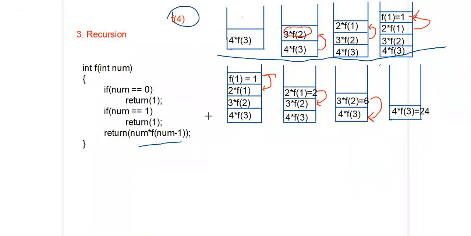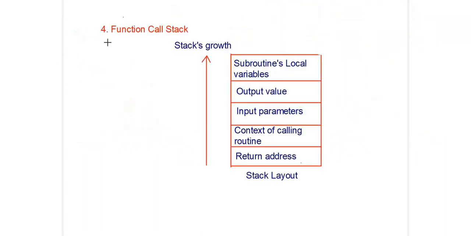Here I have shown you how recursion is performed by using a stack. We can say recursion is performed by using a stack in the background. Here you can see this recursion is also part of the function call stack.